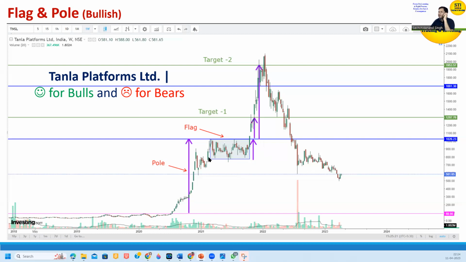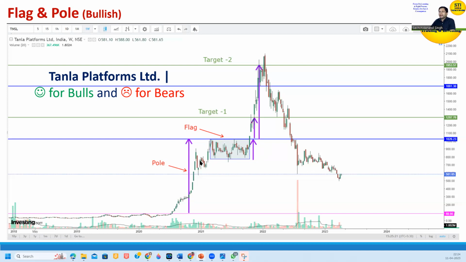However, when it breaks in any direction, in this example it broke on the upside, and when it breaks the upper resistance, that would be the ideal entry point.